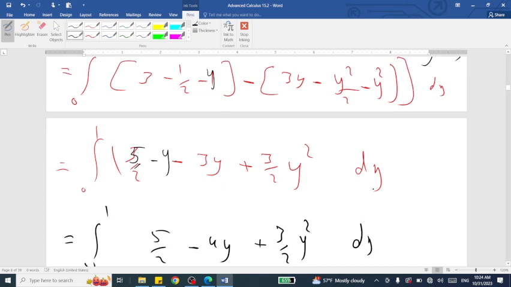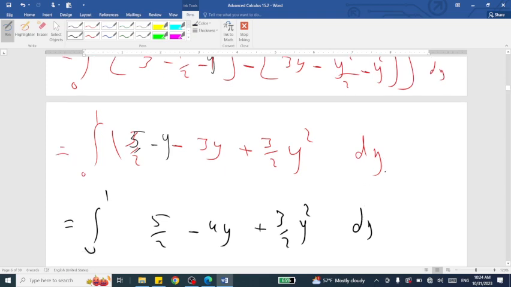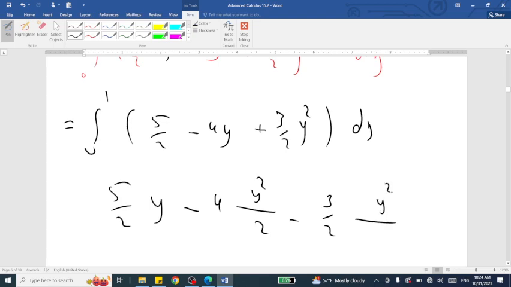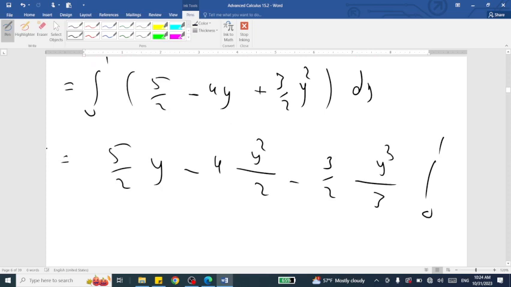Is that clear? Yes. 5 over 2 y, y squared over 2, y cubed over 3, from 0 to 1.